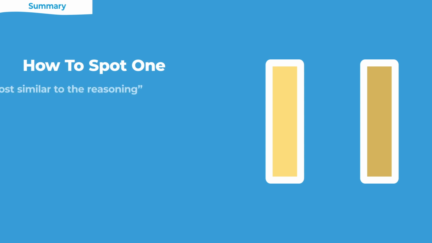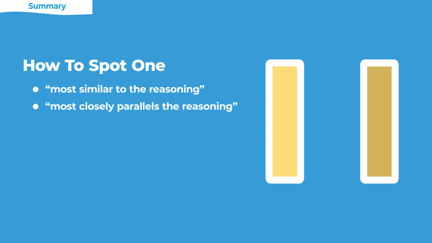So how do we spot parallel questions? They're asking us which argument in the answer choices is most similar or parallel or resembles most the argument that you're seeing in the stimulus. Most of these will have conditional logic. That's what makes them conducive to diagramming or to sort of converting into algebra.